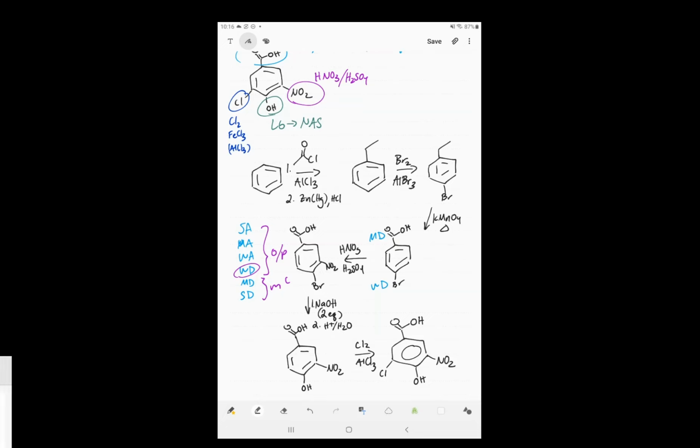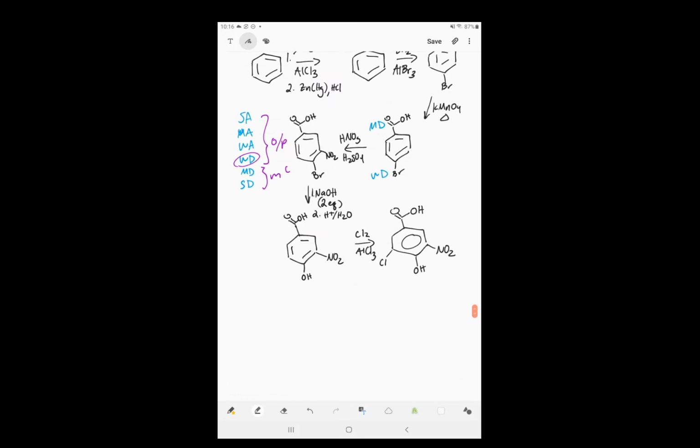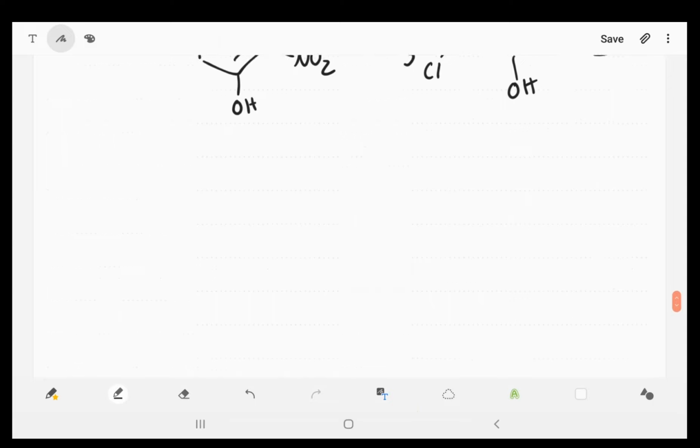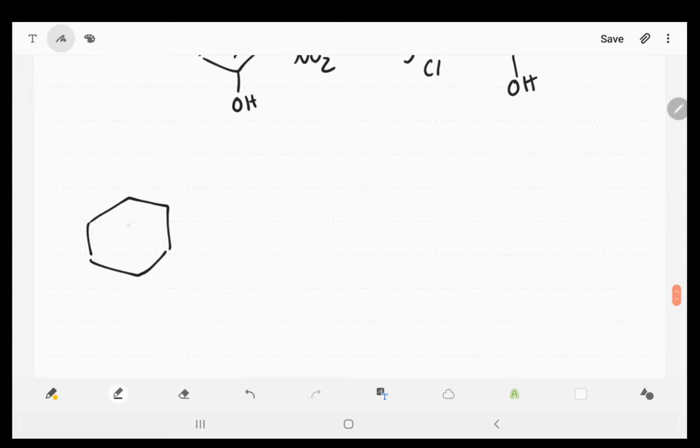Alrighty. Any questions on this one? Can we do another one like this? Very well. Let's see here. I'm going to just make one up. We'll see if it works or not. If it doesn't work, I'll change it, so we'll make it work. All right, here we go. I want us to go from benzene to that.